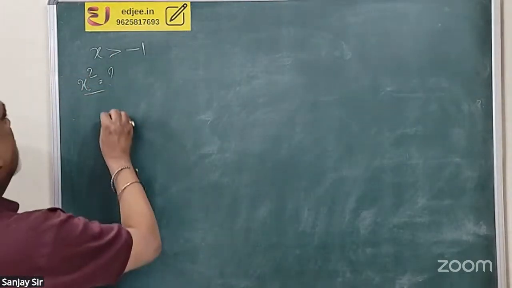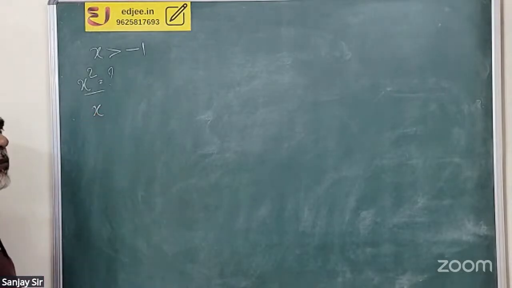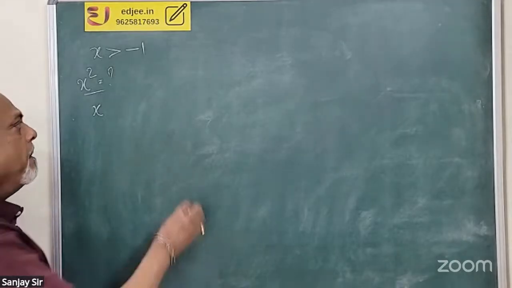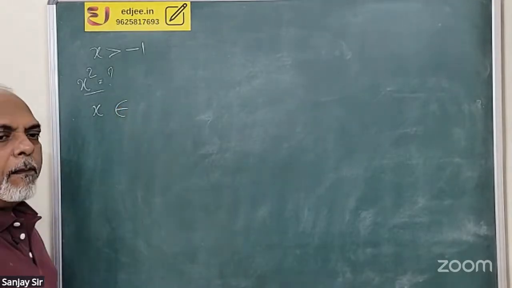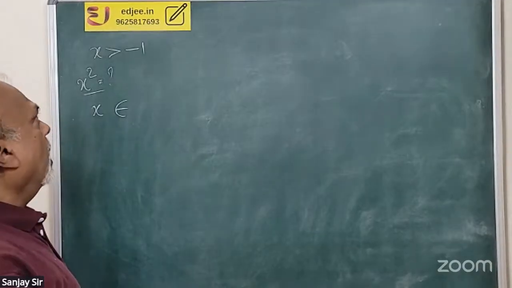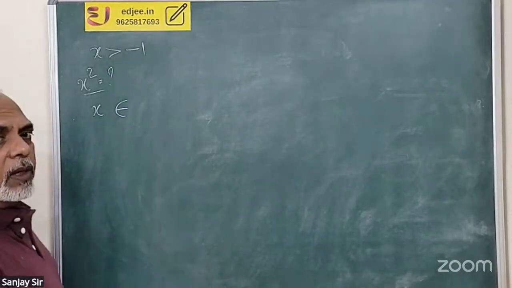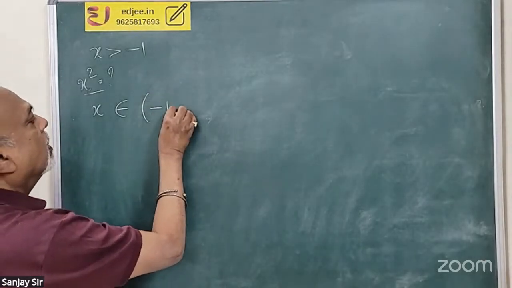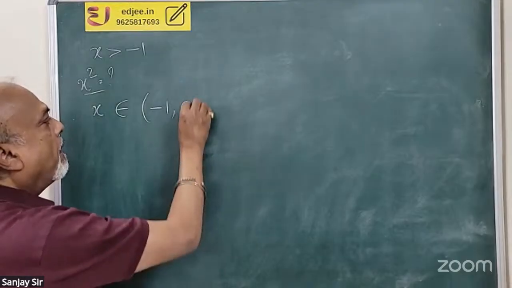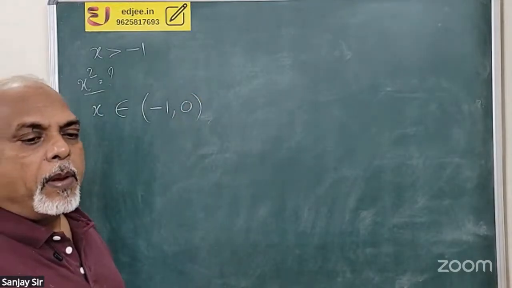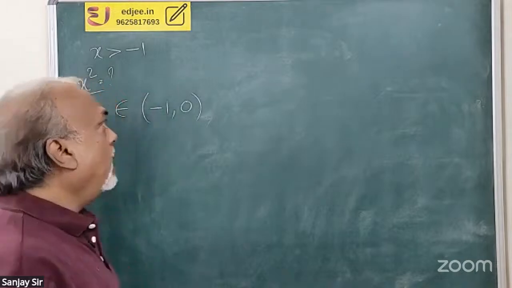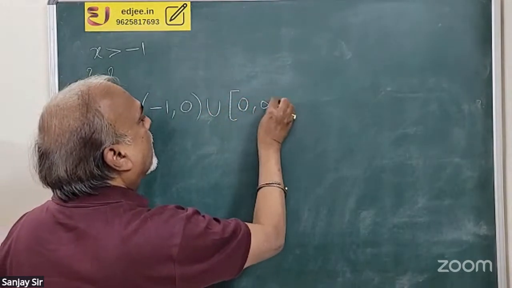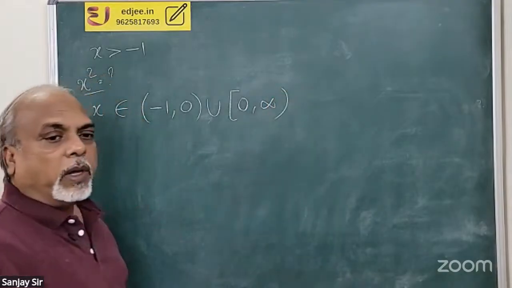You just see where x belongs. X belongs to -1 to 0, union 0 to infinity.